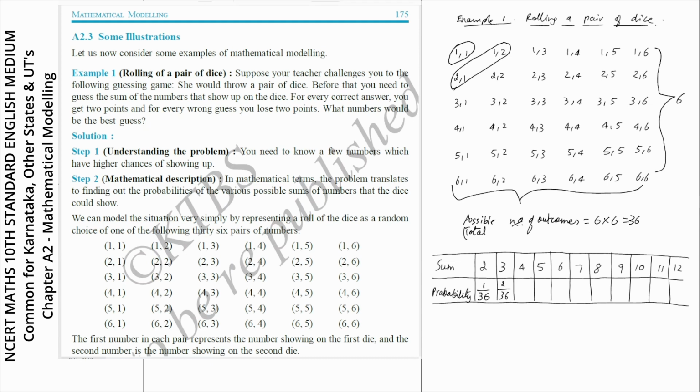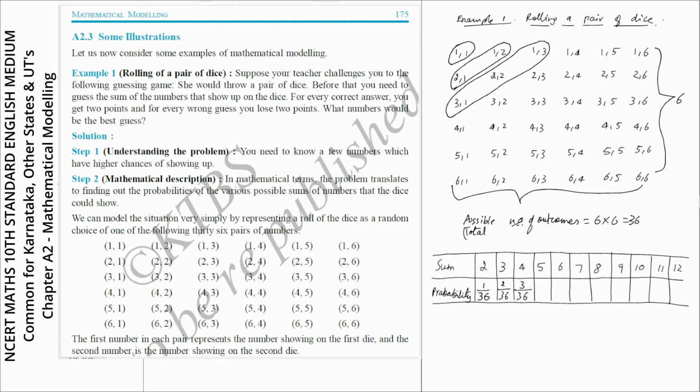Similarly, here you can see there are 3 outcomes where we get sum equal to 4. 3 plus 1 is 4, 2 plus 2 is 4, 1 plus 3 is 4. So out of 36, 3 is the number of outcomes. Therefore the probability of getting 4 is 3 by 36.